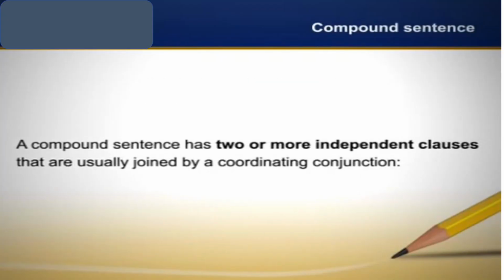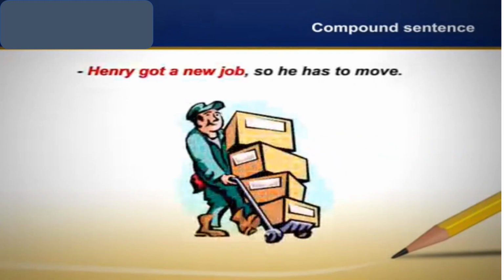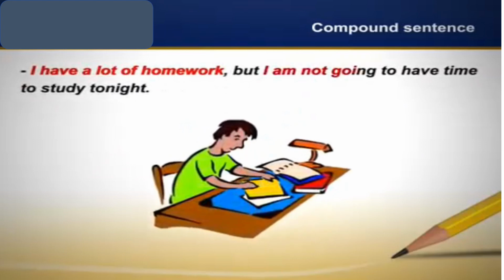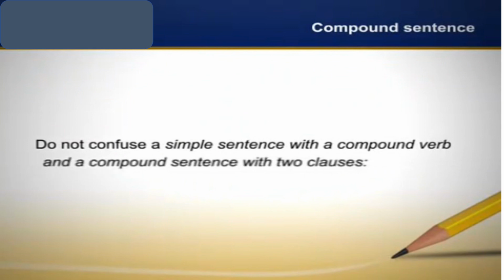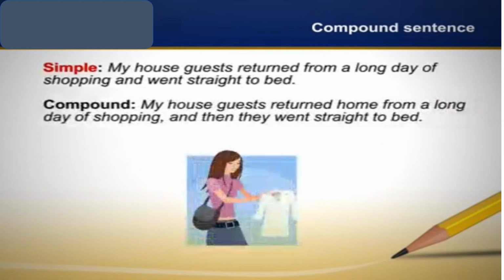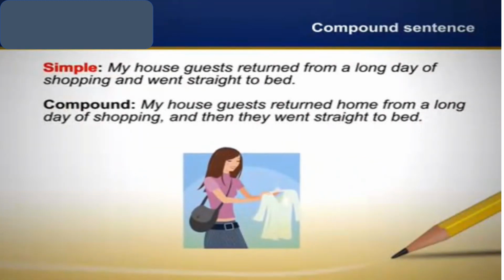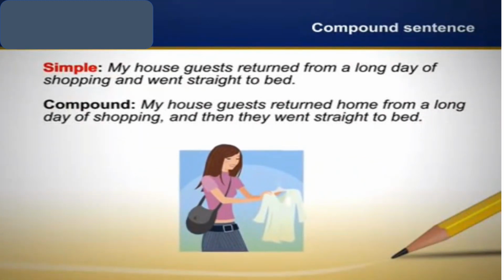Compound sentence. A compound sentence has two or more independent clauses that are usually joined by a coordinating conjunction. Henry got a new job, so he has to move. I have a lot of homework, but I am not going to have time to study tonight. Do not confuse a simple sentence with a compound verb and a compound sentence with two clauses. Simple: My house guests returned from a long day of shopping and went straight to bed.